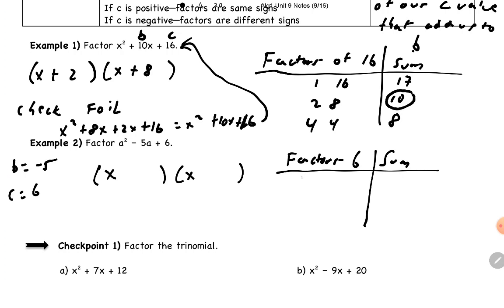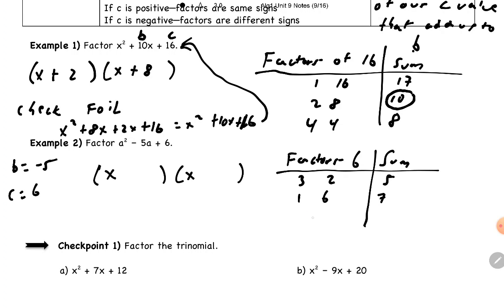Well, we have 3 and 2, that equal 5, but that's positive. Same thing with 1 and 6, that's 7, that's positive. But how can we also get positive 6 if we multiply two numbers together?